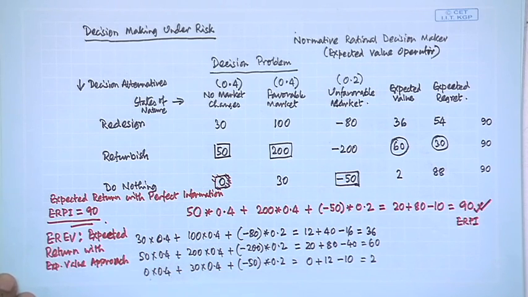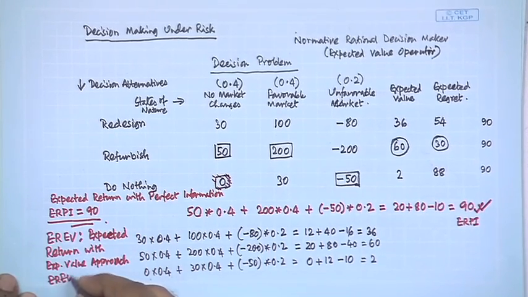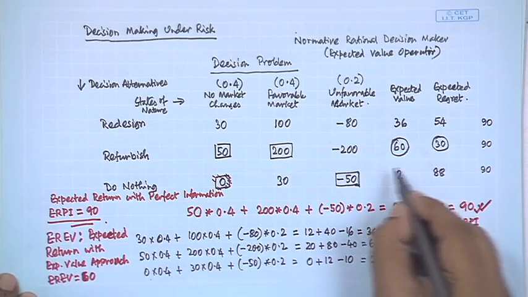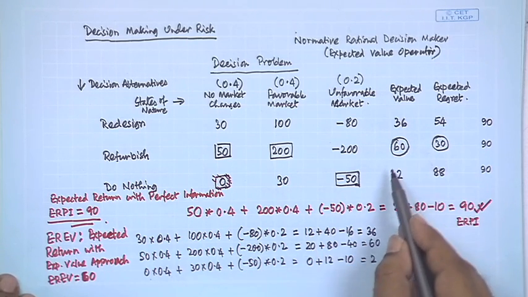So, what is the best possible expected return with the expected value approach? In this case we have got the EREV equal to 60. So, 60 is the expected value that we have got with the best possible decision.